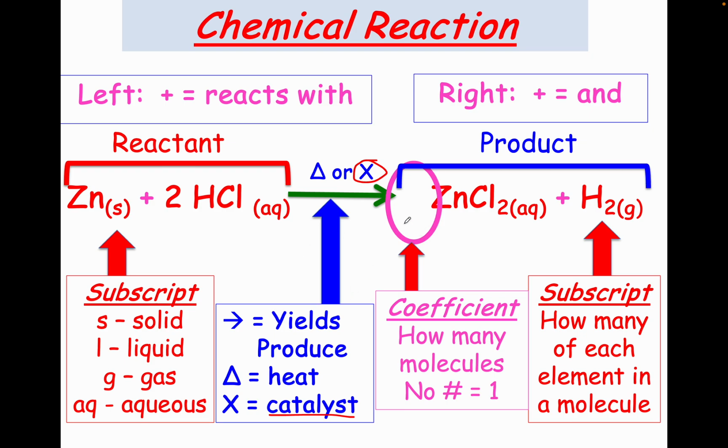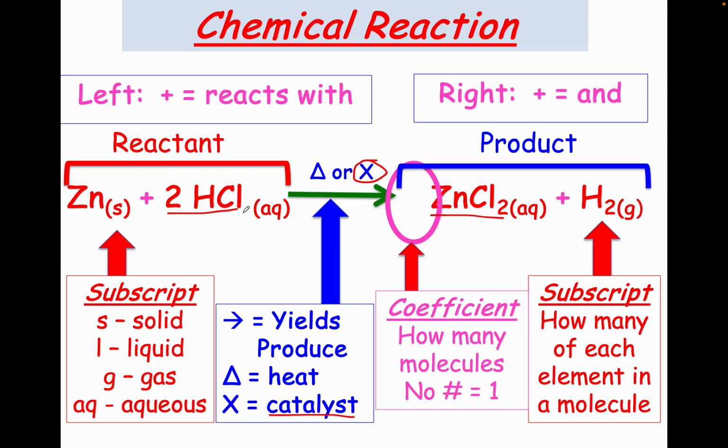And then the last one is going to be the coefficient. So just like in math, the coefficient is going to go in front, and that's going to tell you how many of this molecule we have. So if there's no coefficient here, then the coefficient is 1, and that means that we have 1 zinc chloride for every 2 HCl's. That's kind of what that's telling us is going on.